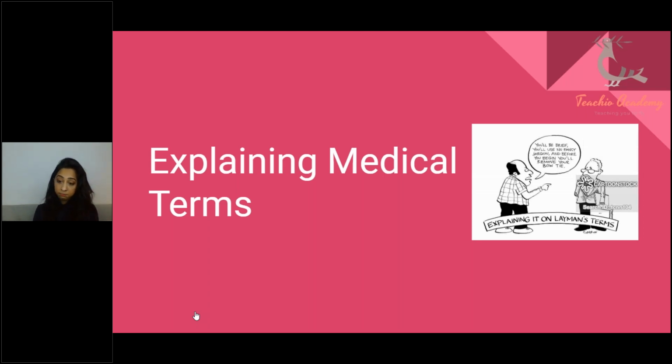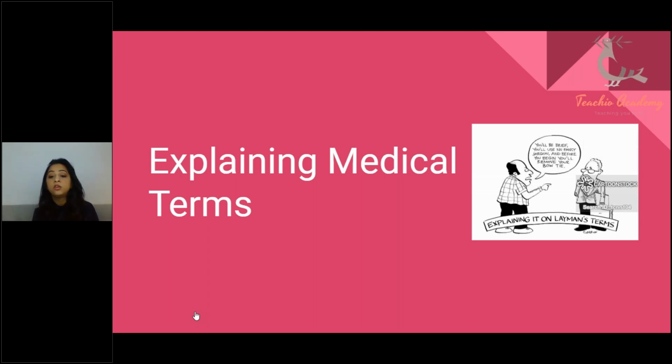You need to understand that the person in front of you is not medically trained. There might be a scenario where you might have another doctor or another nurse in front of you, so that might change, but in most of the scenarios, the person who's sitting in front of you isn't medically trained.